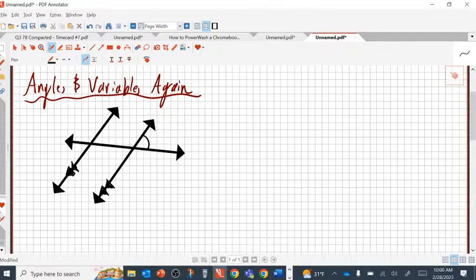So we're going to say that this angle right here is 18r minus 2 degrees.